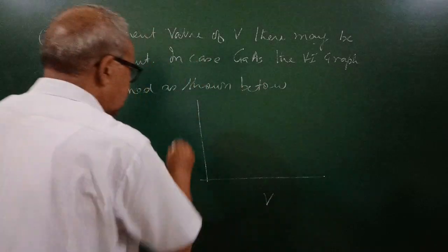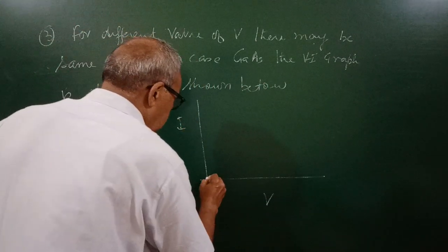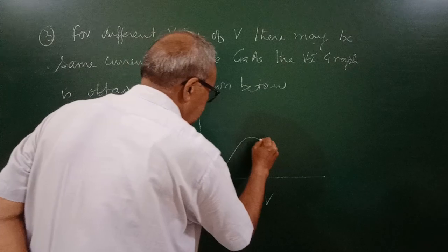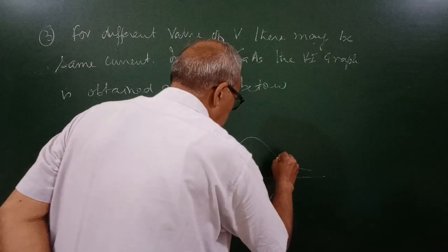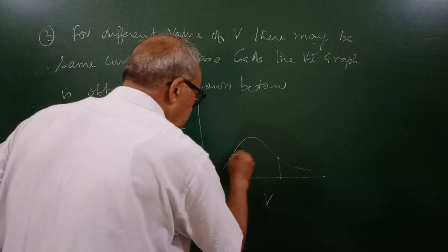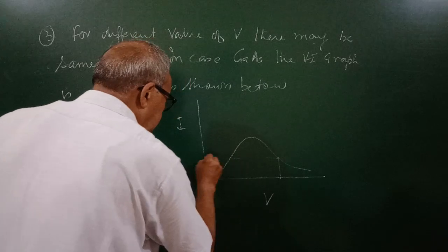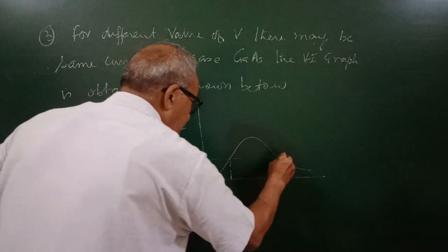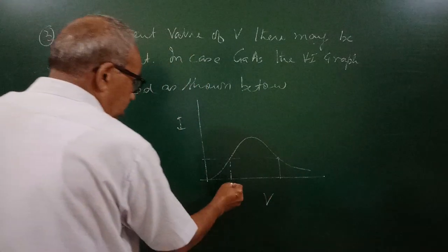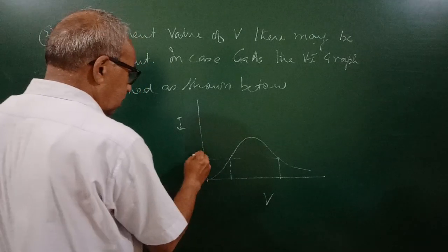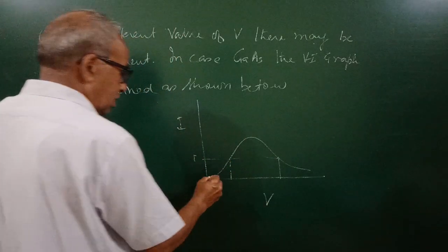This is V, this is I, so the curve may become like this. So at this volt and this volt the current is the same. But this is V1, here the current is this, and this is V2, the current is this.